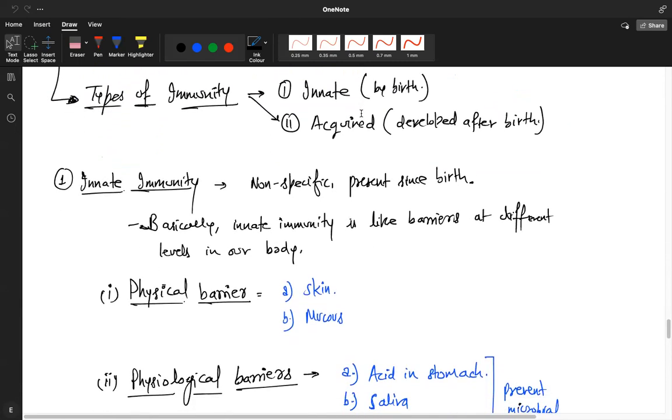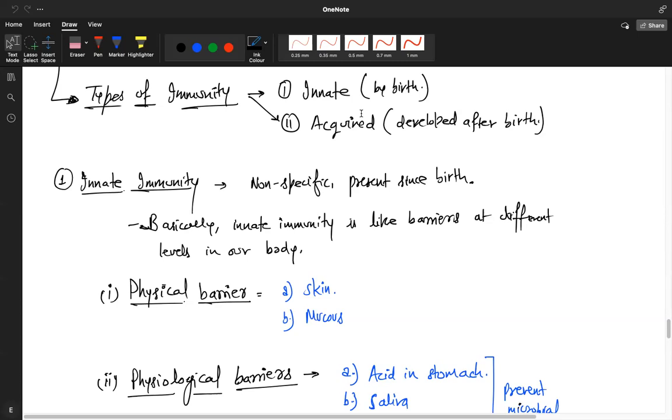Basically, there are two types of immunity: innate and acquired. Innate immunity is non-specific and present since birth. The acquired one is developed after birth.